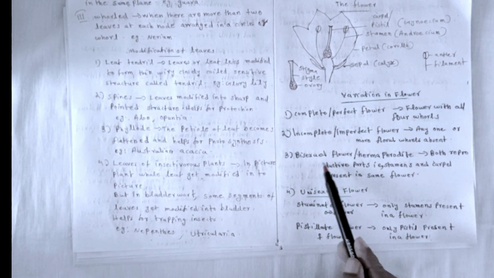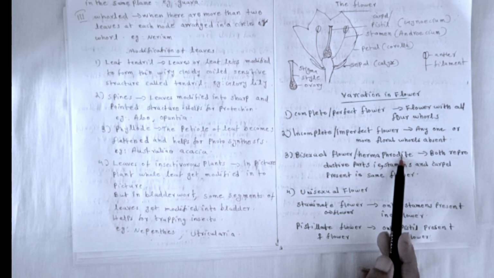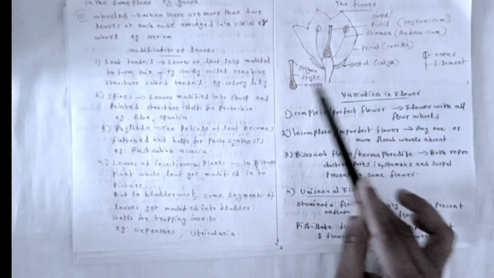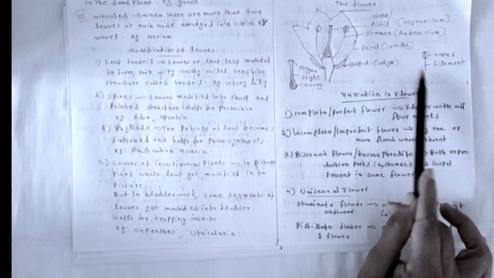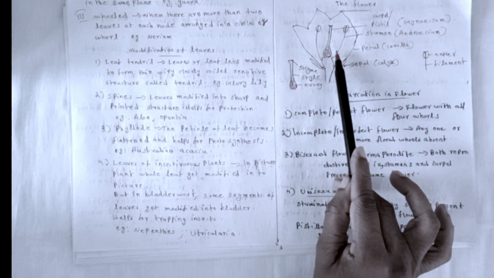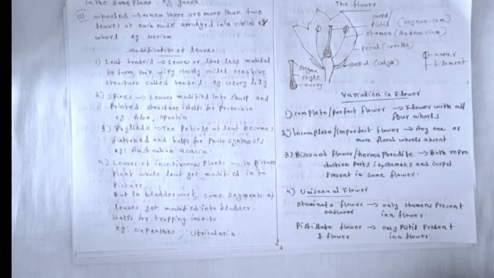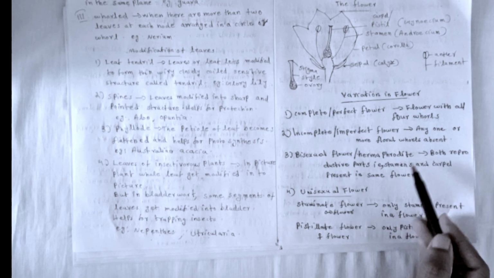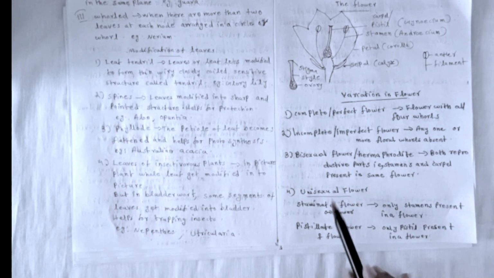Next, bisexual flower or hermaphrodite flower. Both reproductive organs, carpel or pistil and stamens, that is androecium and gynoecium, are seen. Both male and female reproductive parts are seen in the same flower. Such flowers are known as bisexual or hermaphrodite flower. Then unisexual flower.